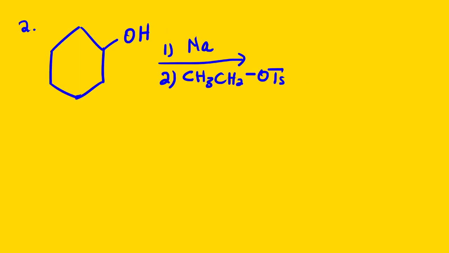Let us go to the second example. Our second example involves a cyclic structure, which is cyclohexanol. So we know that the first reaction is to create the alkoxide. The product of this, we are going to have.